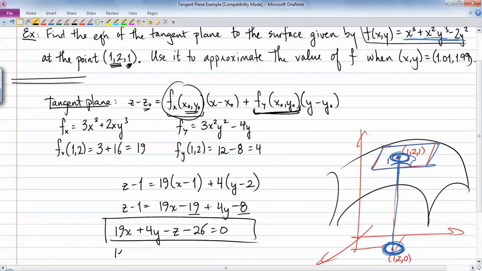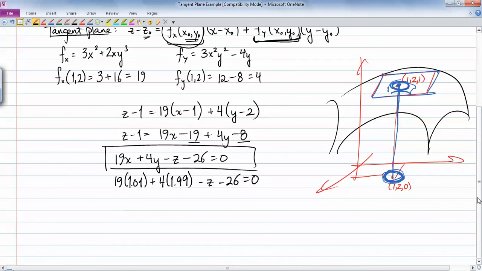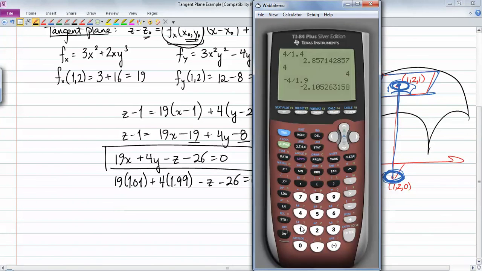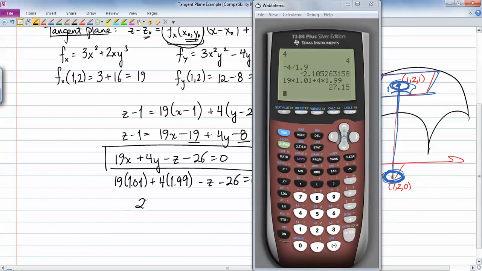So if I plug in 19 times 1.01 plus 4 times 1.99, minus z, minus 26 equals 0. Then we can figure out what that equals. So let's see. 19 times 1.01 plus 4 times 1.99 ends up being 27.15, minus 26 minus z equals 0.